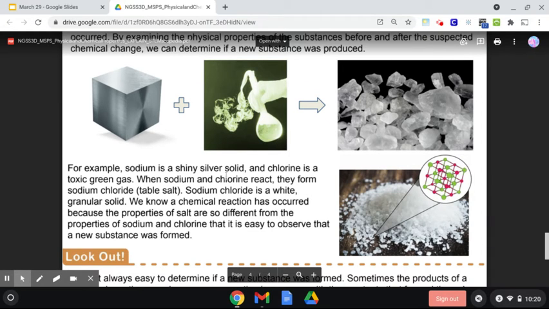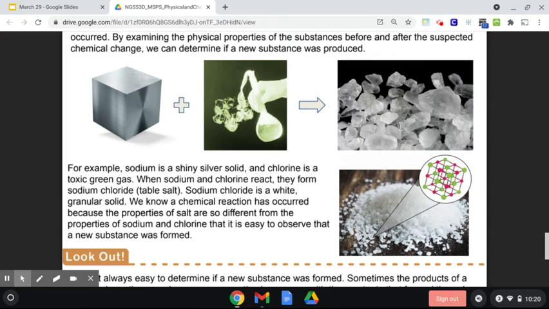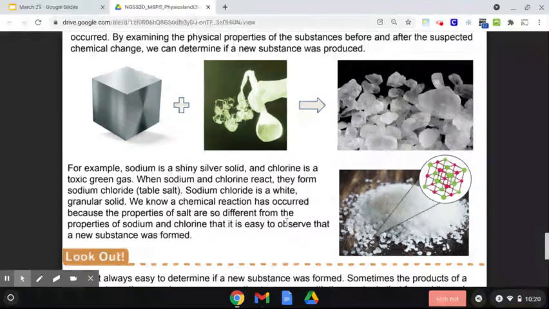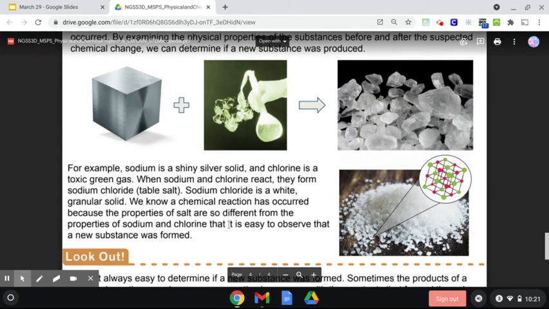When sodium and chlorine react, they form sodium chloride, or table salt. Sodium chloride is a white granular solid. We know a chemical reaction has occurred because the properties of salt are so different from the properties of sodium and chlorine that it is easy to observe that a new substance was formed.